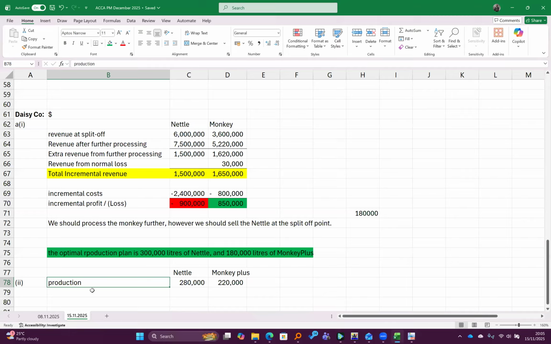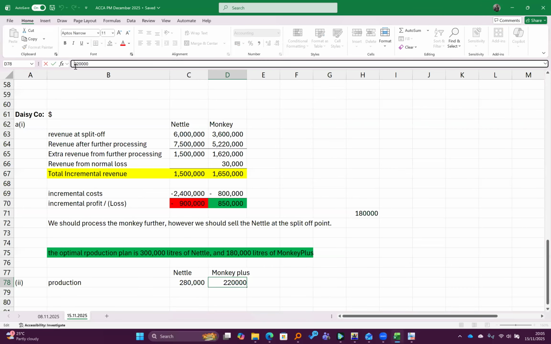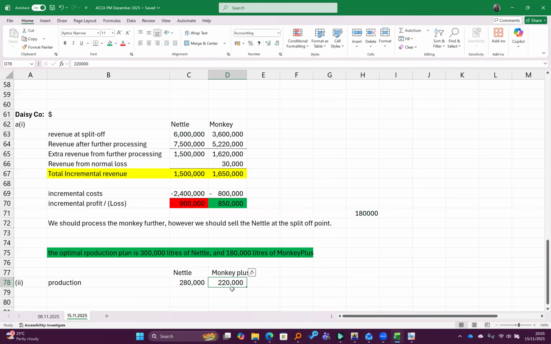So actually, if we are considering this, we are supposed to increase it by 10%. This is the 90%, I mean.